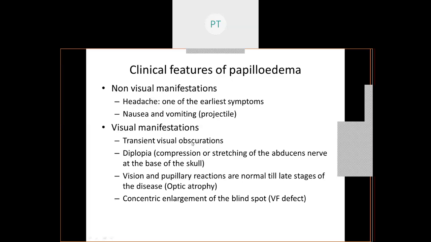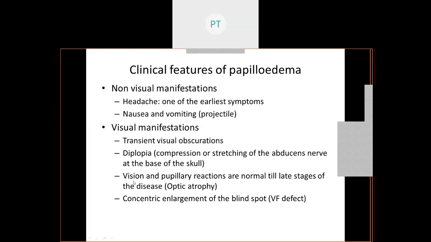Then diplopia, or horizontal diplopia, is seen when there is compression or stretching of the abducens nerve, the sixth nerve, at the base of the skull. So this is one of the false localizing signs of the sixth nerve palsy.